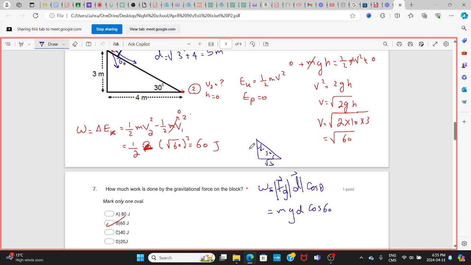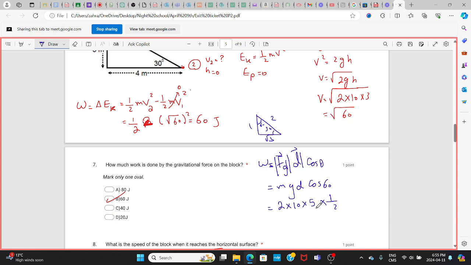This is the square root of 3, 1, 2. Cosine is going to be 1 over 2. So mass is 2. I just take g to be 10, approximated. The displacement, we got it to be 5. The cosine of 60 is 1 over 2.